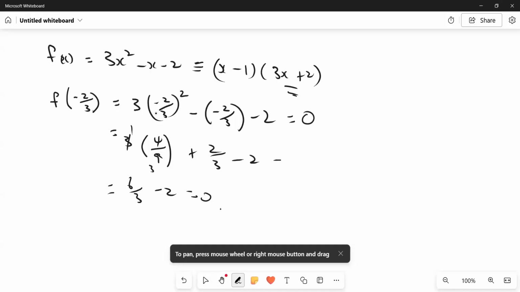Good. So there's a more general form of writing the factor theorem, and this is how you can say it.